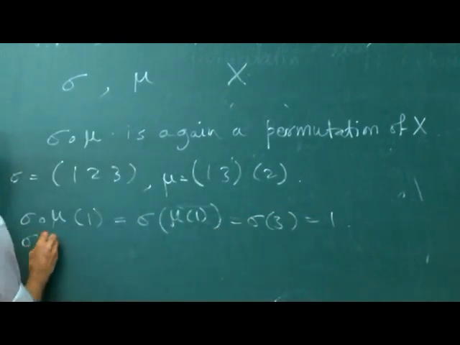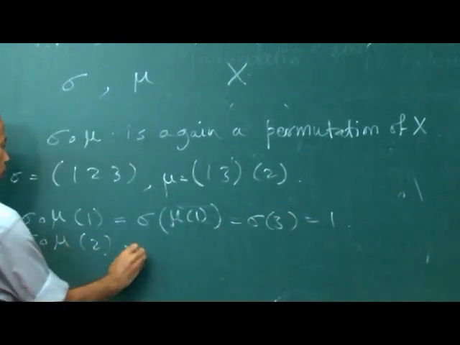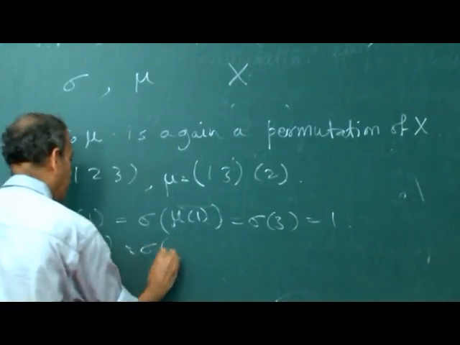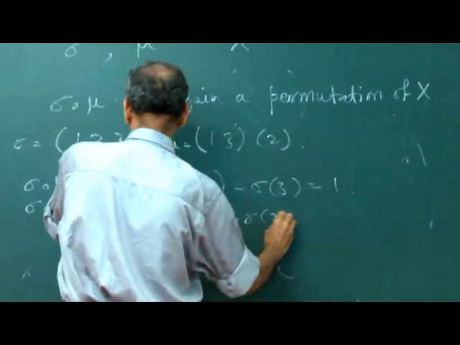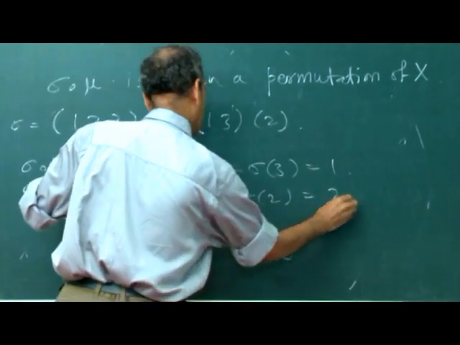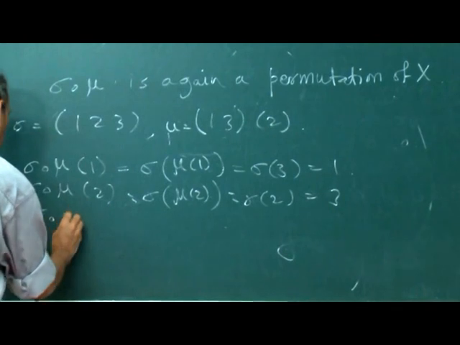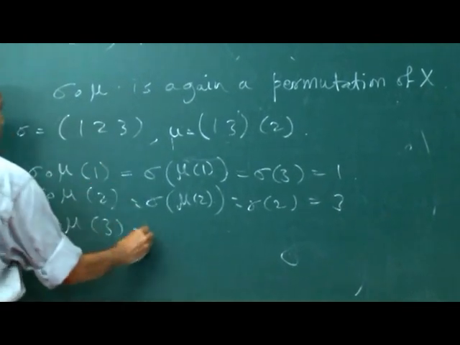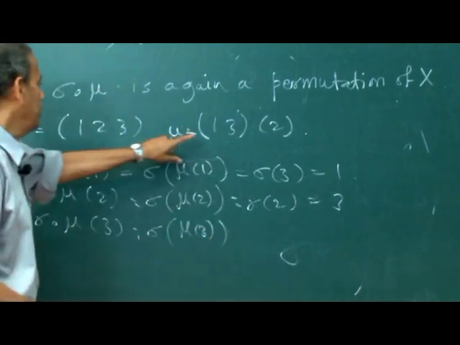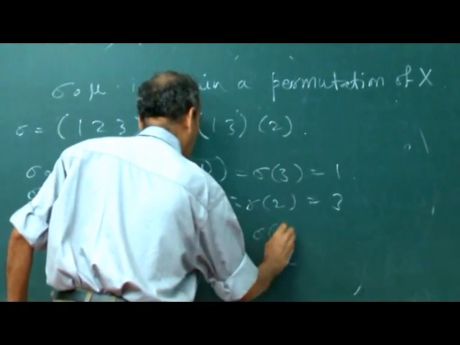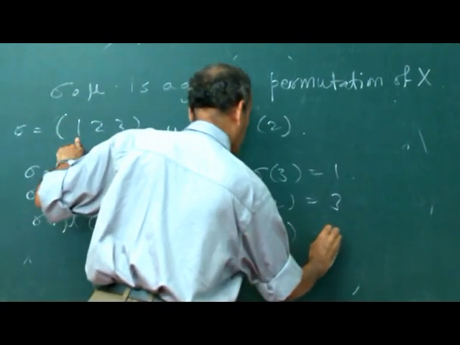Then sigma mu of 2 is sigma of mu of 2. Mu of 2 is 2 and sigma of 2 is 3. And sigma mu of 3 is sigma of mu of 3. And mu of 3 is 1, and sigma of 1 is 2.